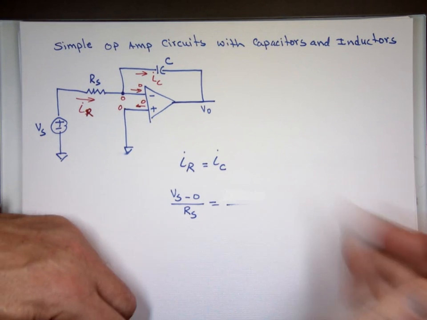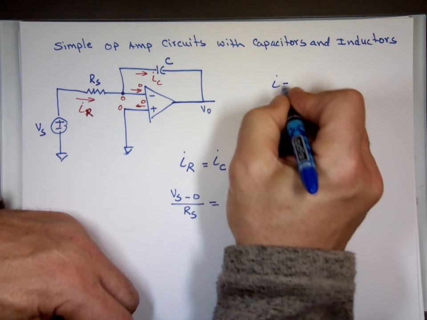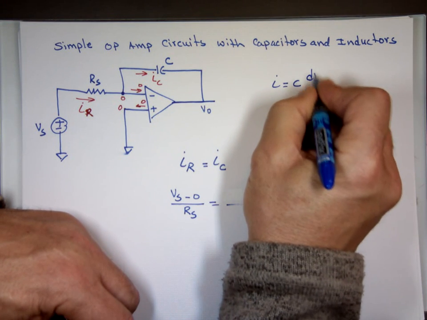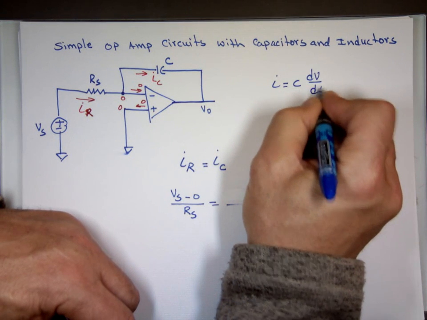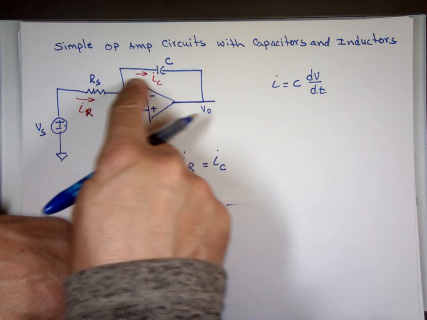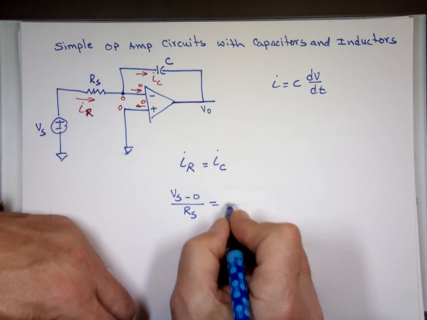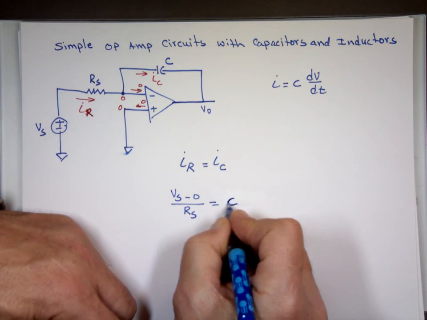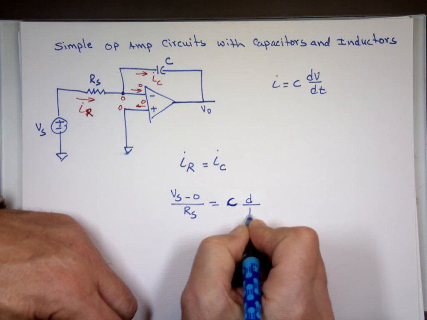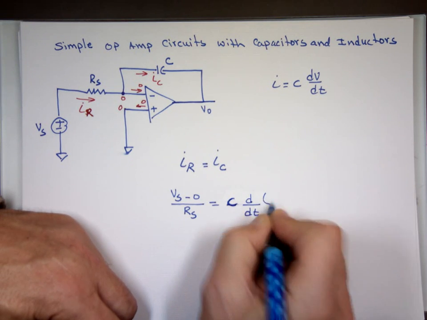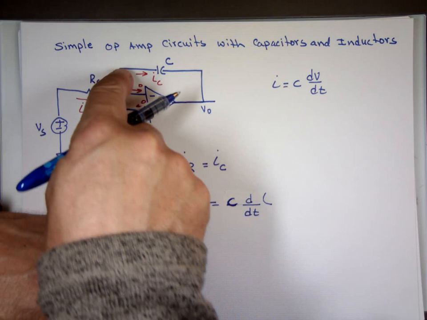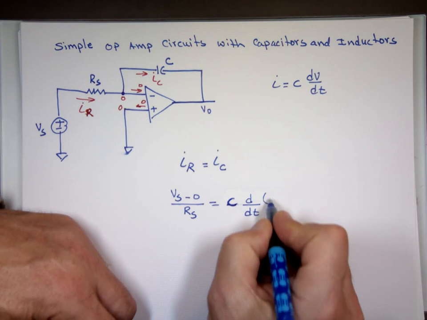Wait a minute. We know I equals what? C dV dt. So I label the current going that direction. The value of that is going to be C, the derivative of the voltage across. Since I'm going that direction, it's this voltage minus that voltage.